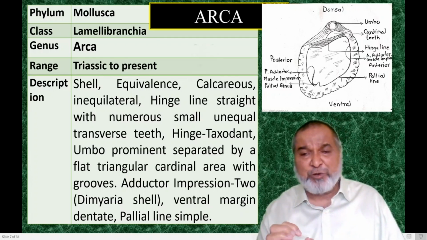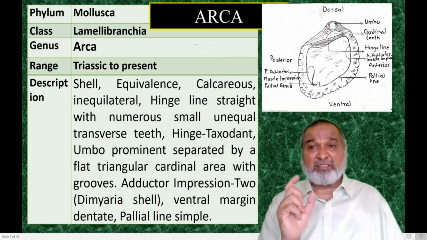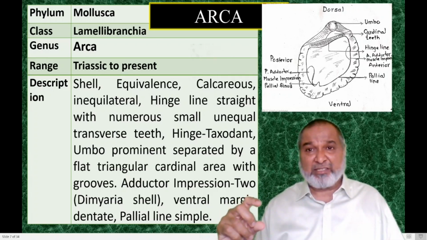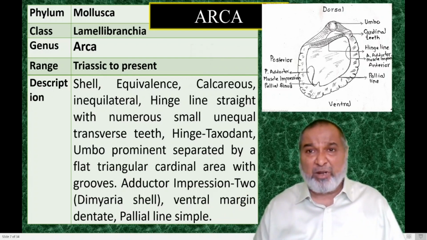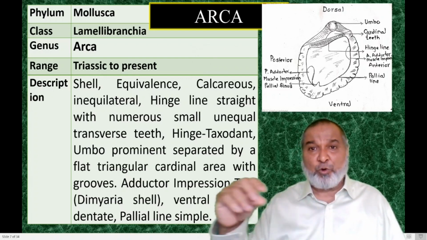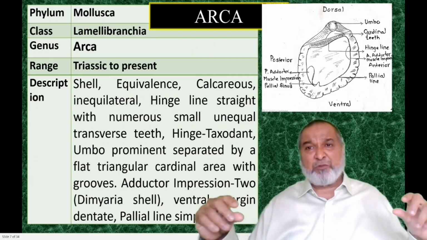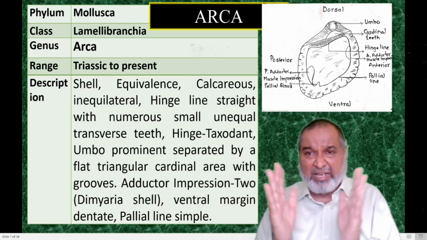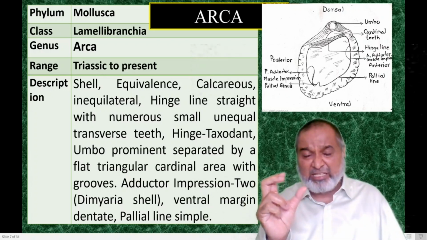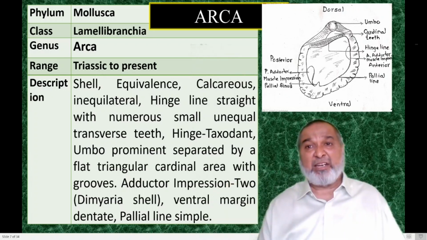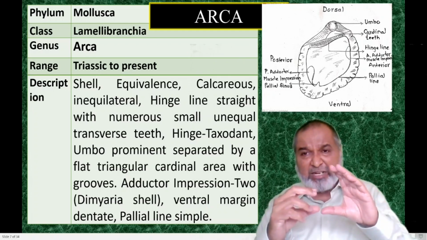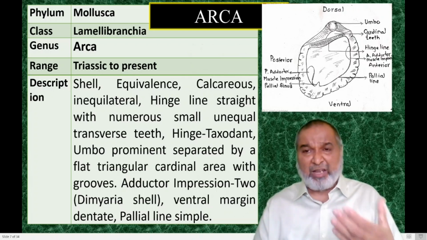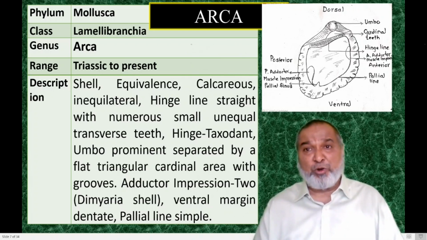Once the number has reduced, the size will be increased; then it is schizodont. If all are the same size, equal in size, it is isodont. The number is small, the tooth and sockets are fewer, but the size is big and they are more or less the same; then it is isodont. One bigger, one smaller is called heterodont.